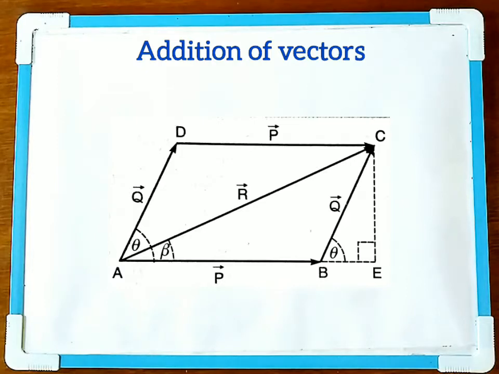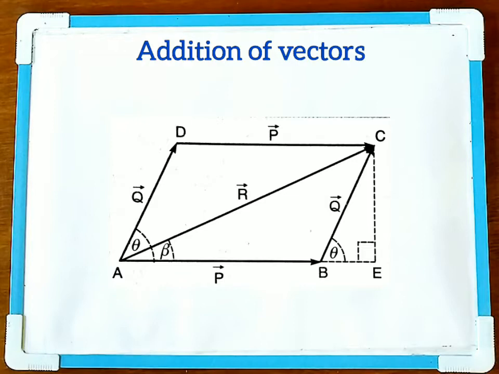Here we have two vectors P and Q, and the angle between these two vectors is theta, and this beta is the angle between the R vector and the P vector. So beta will give us the direction of the resultant vector.